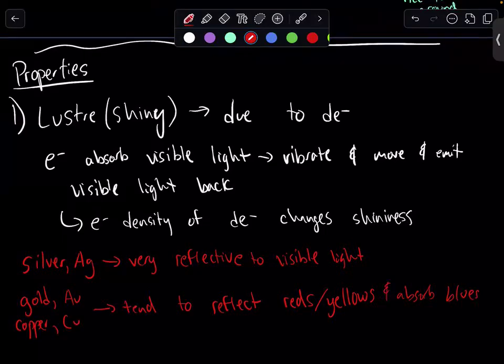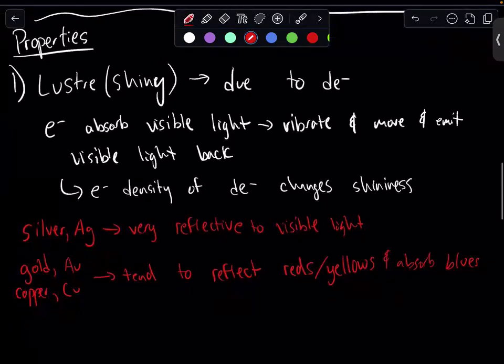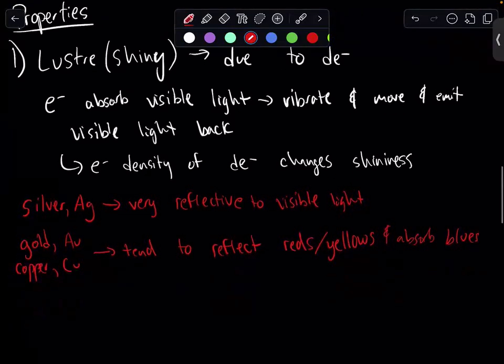And that's why they have a more coppery or gold color, because they're not reflecting everything. They're just reflecting the reds and yellows. So the shininess changes based on that electron density and how they can move within the lattice. There's a lot of factors that affect it, but that's the basic idea of shininess. It comes from the delocalized electrons absorbing and re-emitting light.